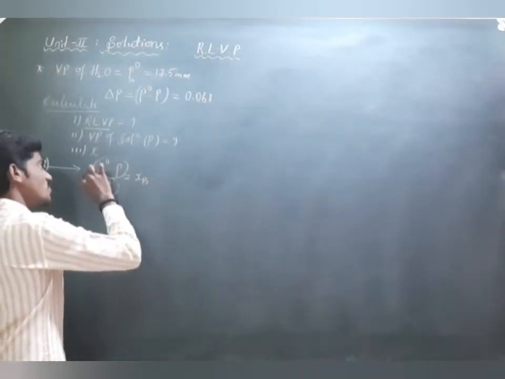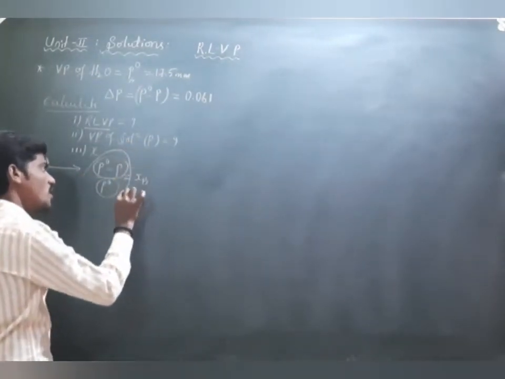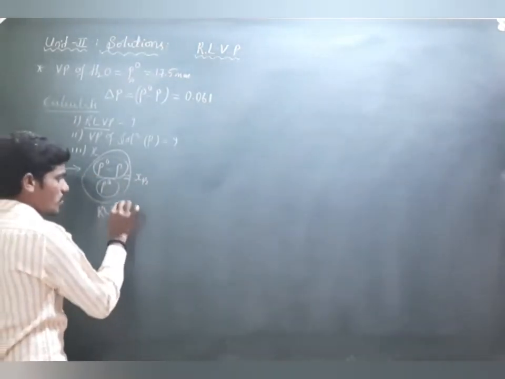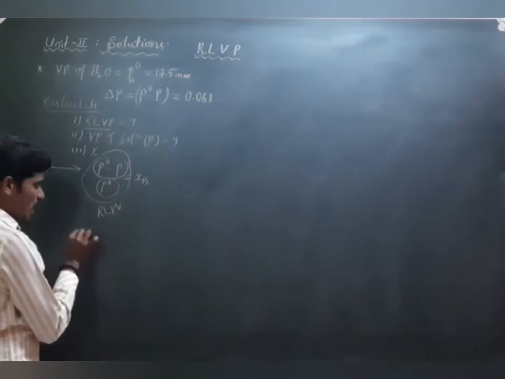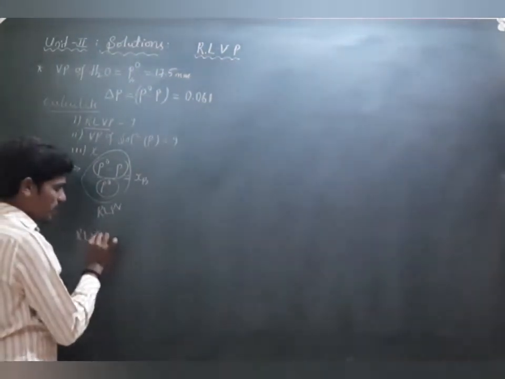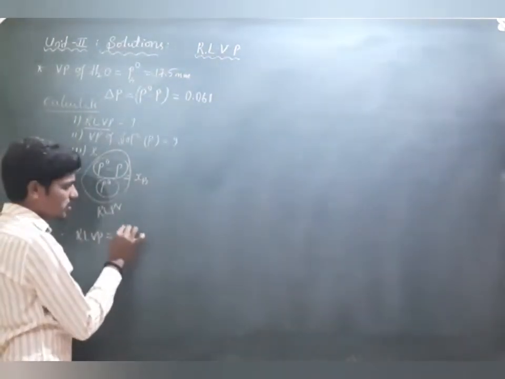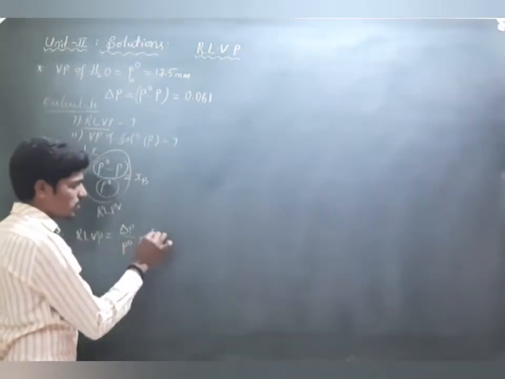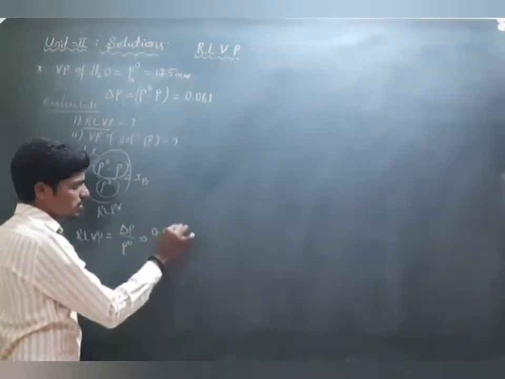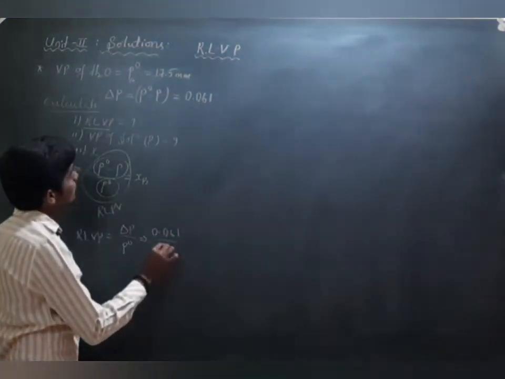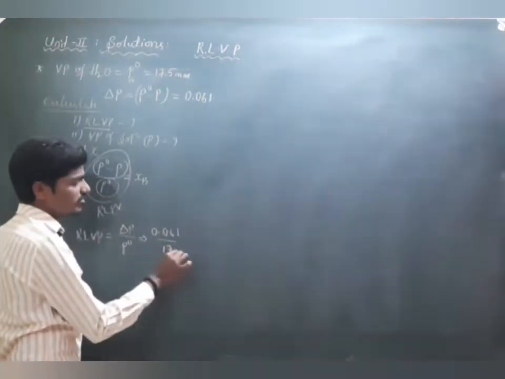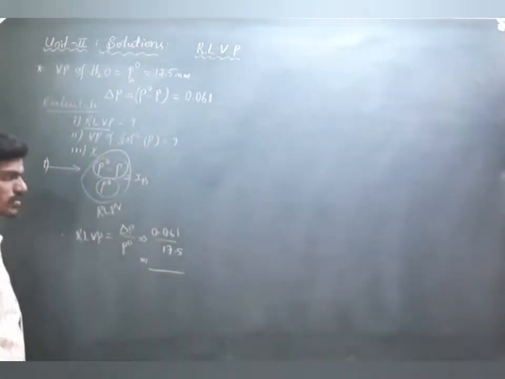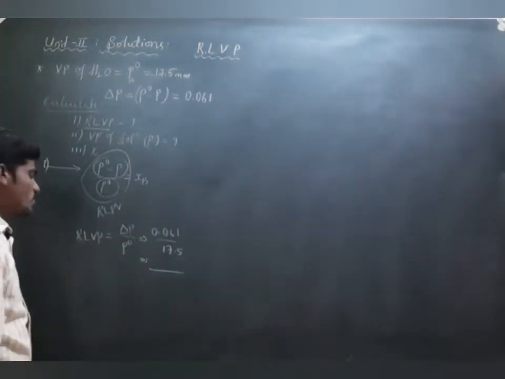So this term is known as RLVP. Therefore RLVP is delta P by P naught, which is 0.061 divided by 17.5. So calculate 0.061 divided by 17.5.